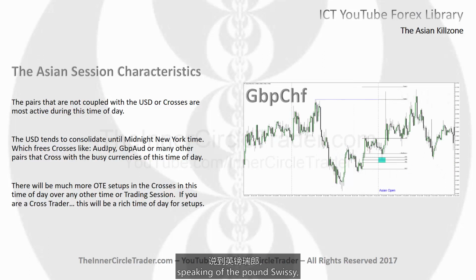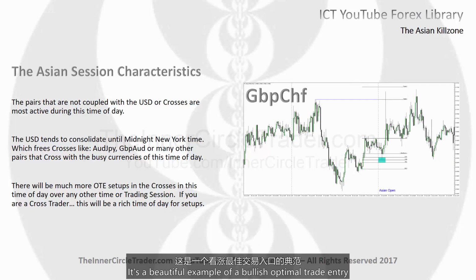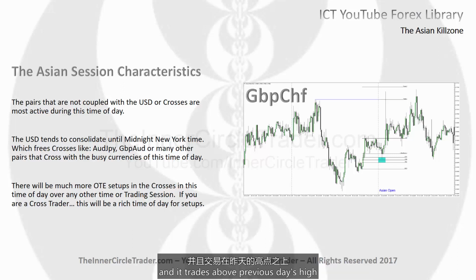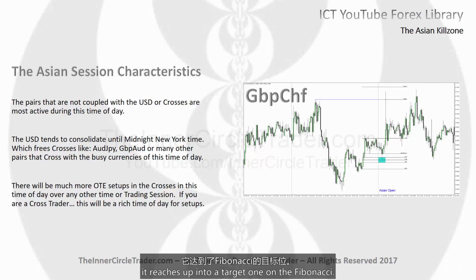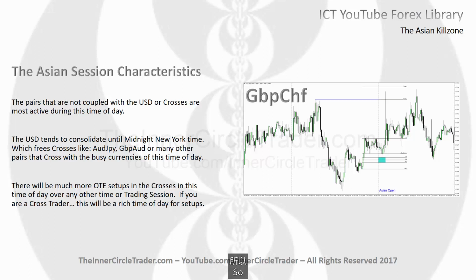Okay, speaking of the pound Swissy, you can see this one here gives a beautiful example of a bullish optimal trade entry, and it trades above the previous day's high, and it reaches up into target 1 on the Fibonacci. So we're seeing these trades form prior to London's volatility, and we're also seeing it outside the scope of New York.